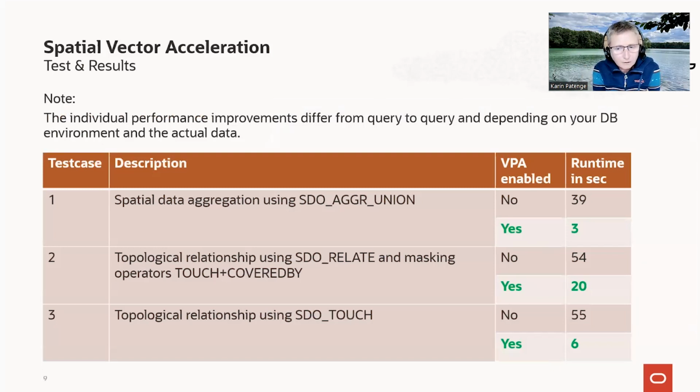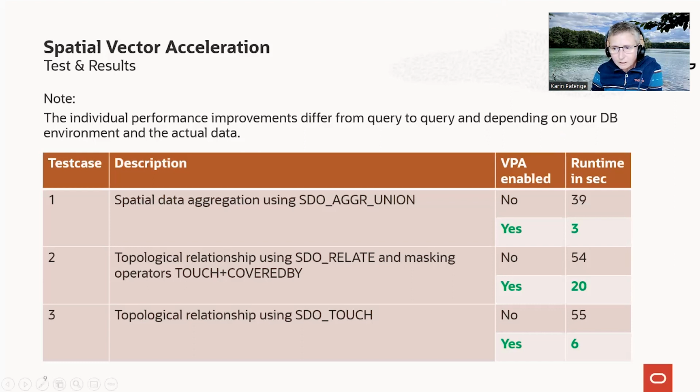Okay, and I promised that you will typically see performance improvements, and I've already taken the result of the demo I'm going to show and put it onto the slide here. There are 3 test cases I'm going to show you. One is aggregate union, so spatial aggregation with the vector performance accelerator enabled or disabled.